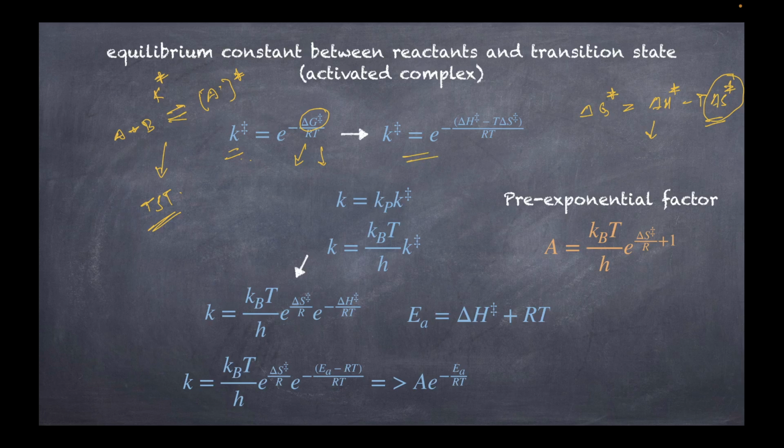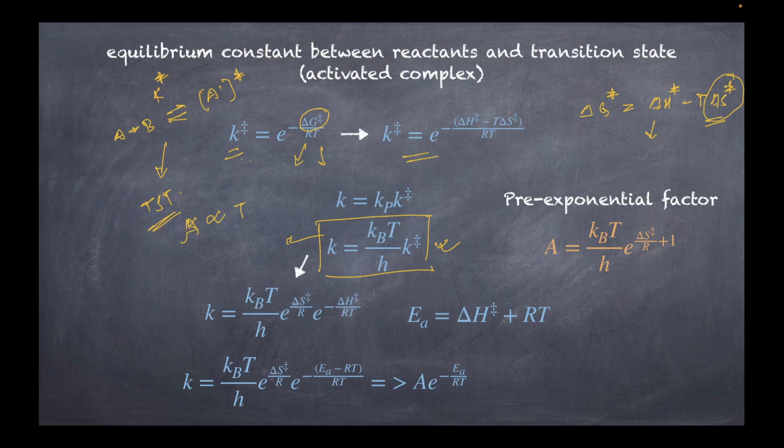Now we know that the overall rate constant k equals kp times K double dagger, which is kBT divided by h times K double dagger. Interestingly, from this expression, in transition state theory approximation, the rate constant k is proportional to temperature. The pre-exponential factor is proportional to temperature. We'll find this later.